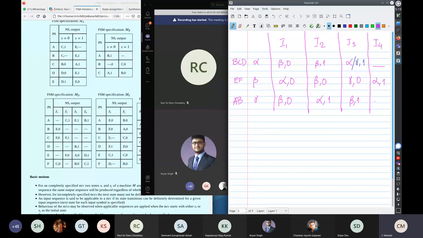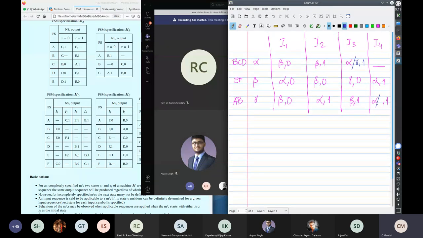So you have the option of either alpha, the output will be 1, of course, or the option of beta, right?